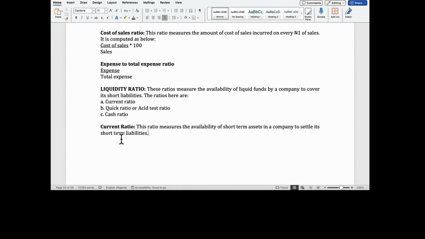So with this ratio, you can know whether a company can cover its short-term liabilities or not. And this ratio is computed as below. Everybody knows this: current assets over current liabilities. And we usually say a ratio of 2 to 1 is standard or is okay. It's not bad.